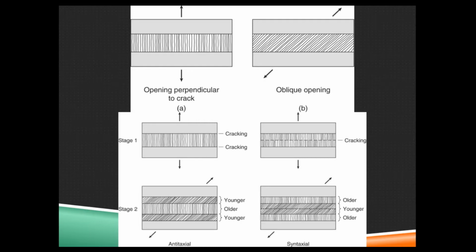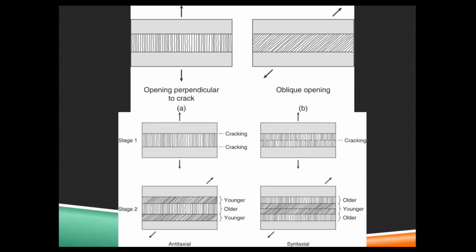On the other hand, on the right-hand side here, we have a joint, a crack going left-right, but our tension stress is angled kind of northeast-southwest, or top right, bottom left. So our veins are fibrous in the top right, bottom left orientation.